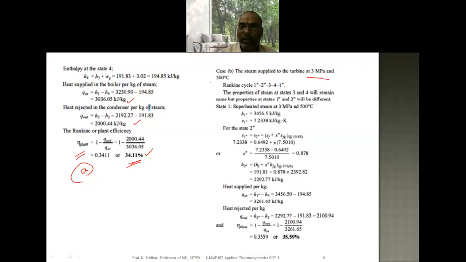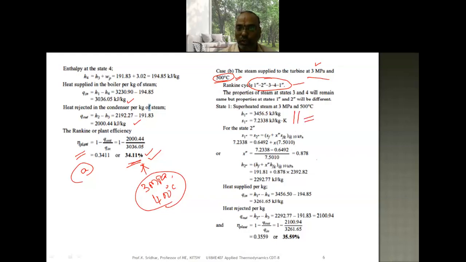Then for the second condition, the case B, it is 3 megapascal and 500 degree centigrade. Now this is a value we obtained for 3 megapascal and 400 degree centigrade. We got 34.11 percentage. Now the pressure remains constant at 3 megapascal, but the temperature is modified as 500 degree centigrade. So then the points on the Rankine cycle also will be modified like this. Now for this particular one, the property values will change. So note down the property values, and here the X value we find as 0.878.